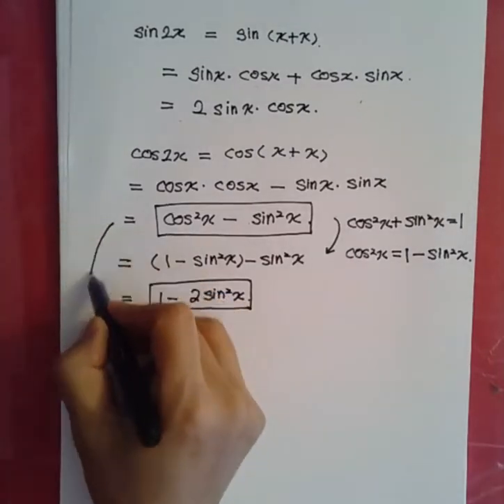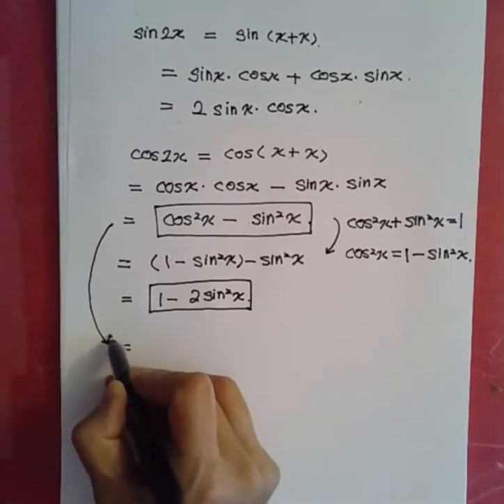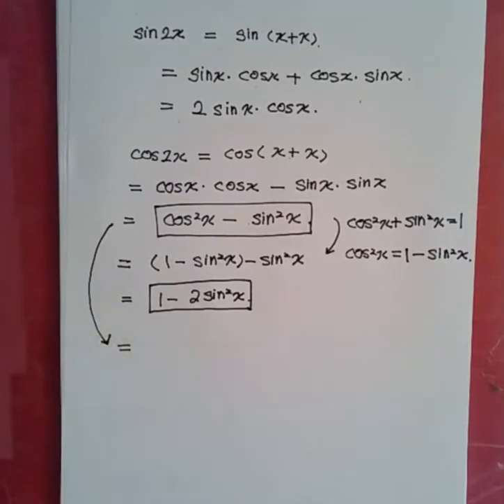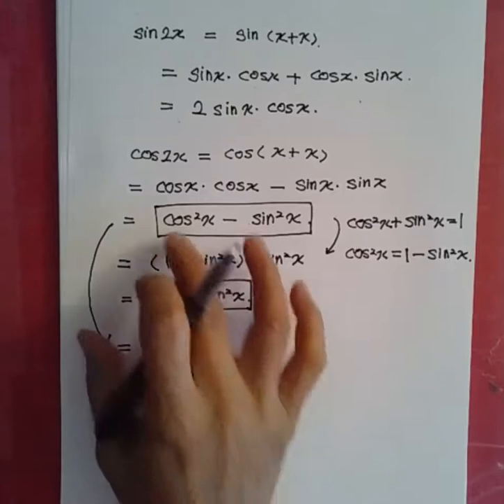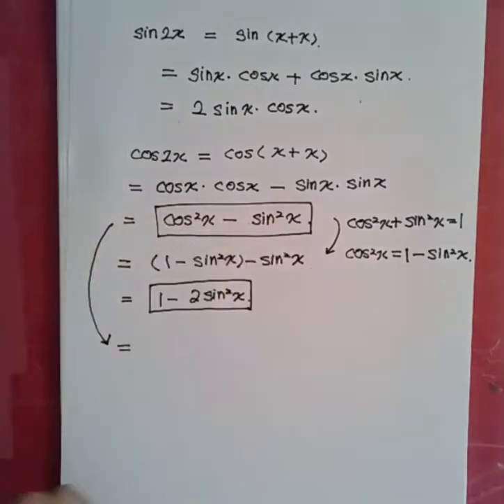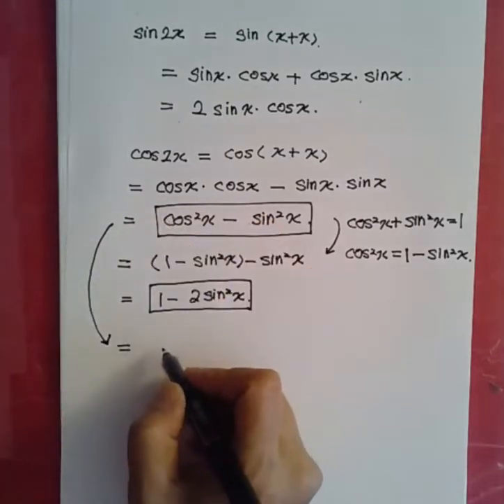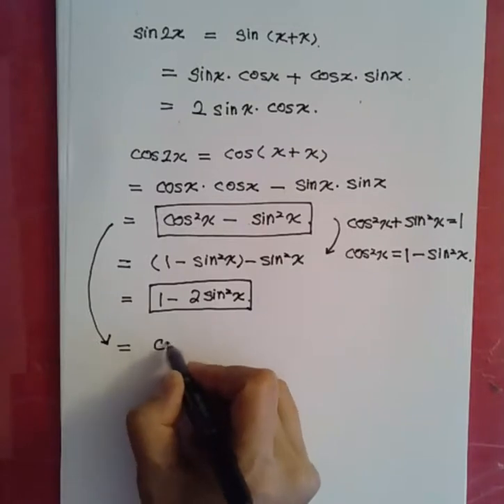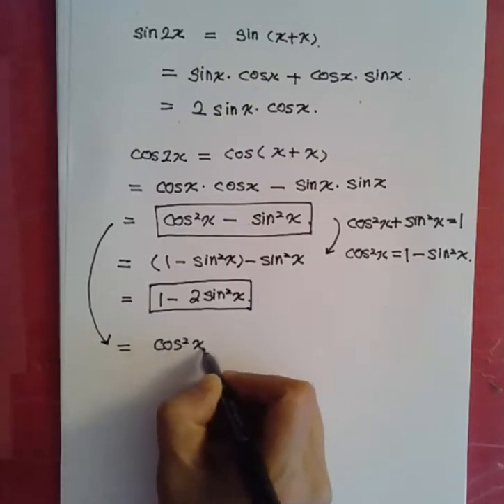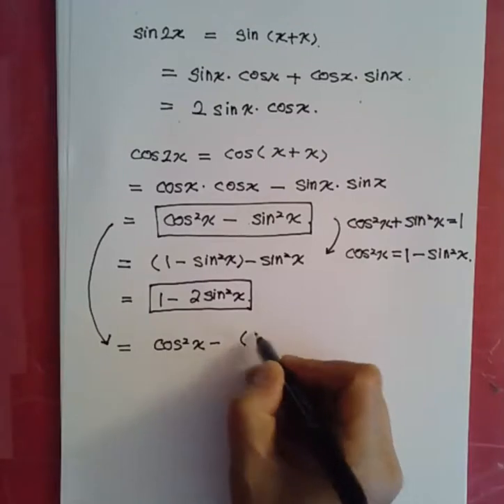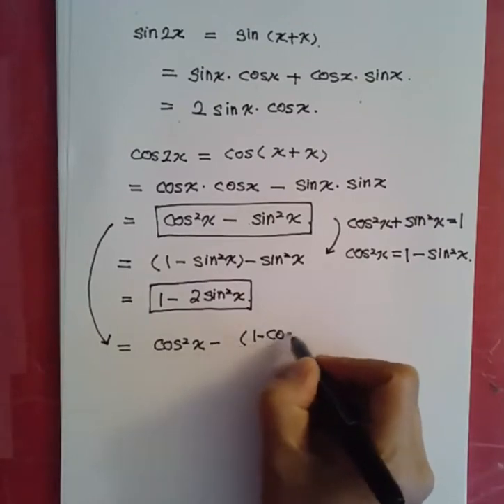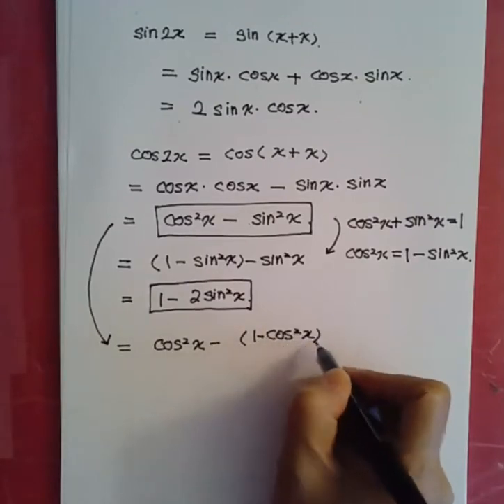By applying the Pythagorean identity again, we can convert this expression into the expression which contains only cosine. Cosine squared of x minus open parenthesis 1 minus cosine squared of x.